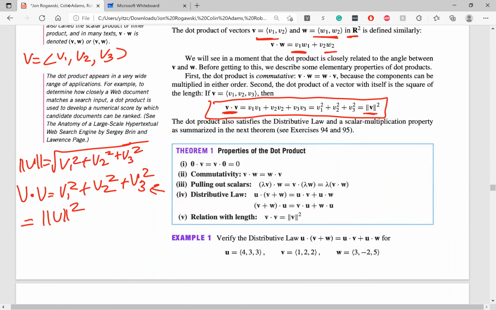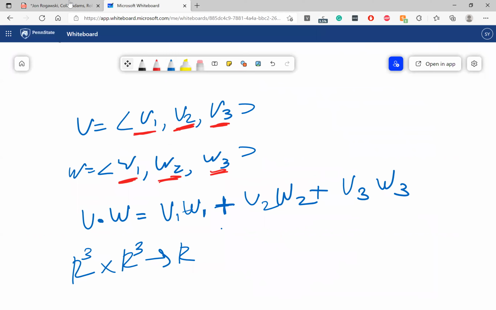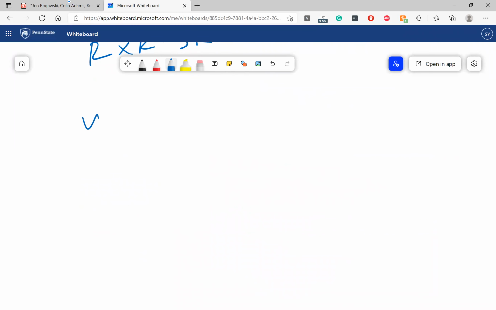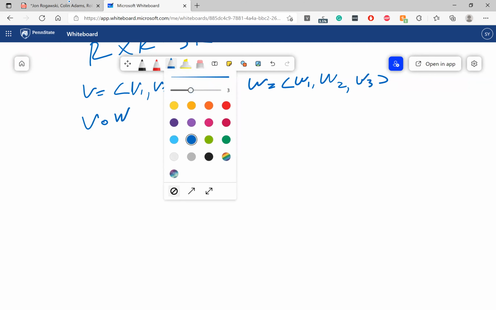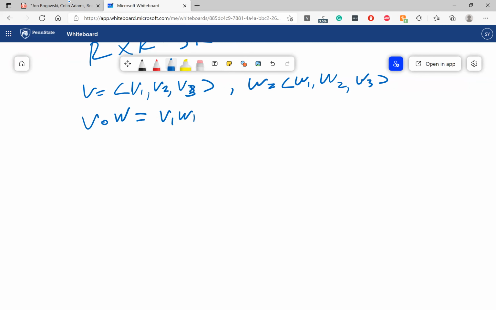Okay. Some important properties of the dot product are it's commutative. So you can flip the dot product. Why is this? If I take V dotted W, and again, V is equal to V1, V2, and V3, and W is equal to W1, W2, and W3, then V dotted W is equal to V1 W1 plus V2 W2 plus V3 W3.